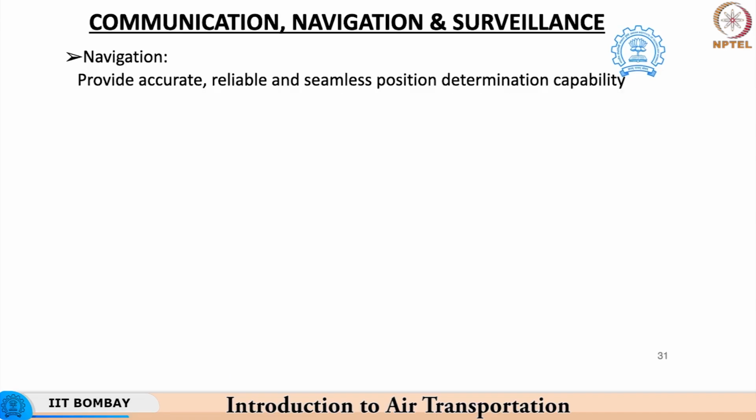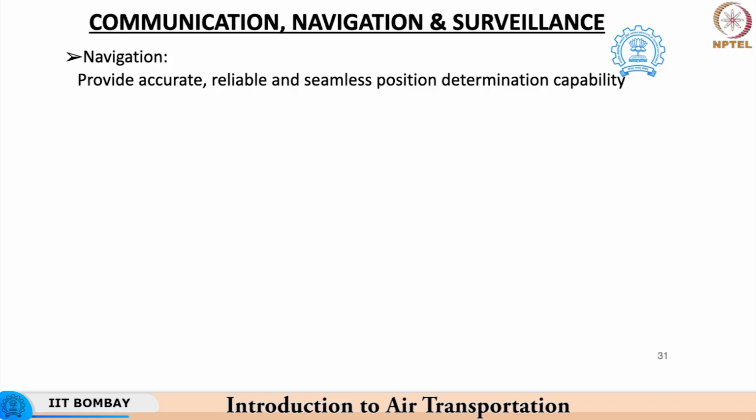The second subsystem, that is navigation, we had already covered in our previous presentation. It includes techniques that are required to provide accurate, reliable and seamless position determination of the aircraft. This position should be available readily to the ATC as well as the aircraft, so that proper, efficient flight operations can be carried out.